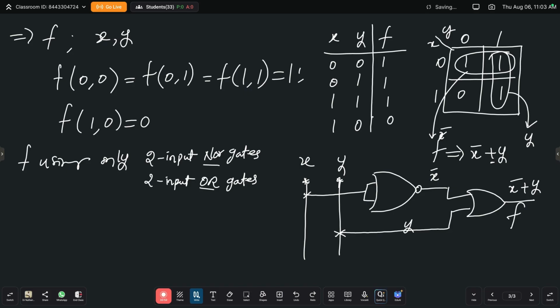Correct? Yes. As per the question, what is the cost for this logic circuit? Each gate is 1 unit. How many gates have we used here? 2. So what is the cost now? 2 units, because in this circuit you have used 2 gates.